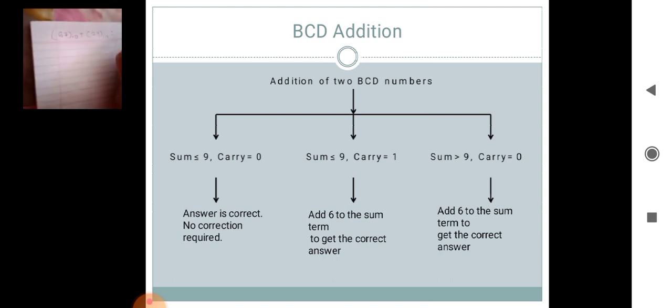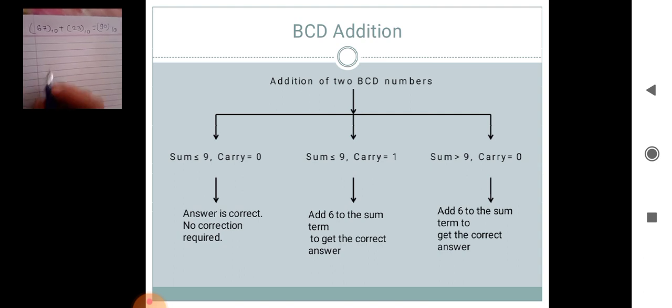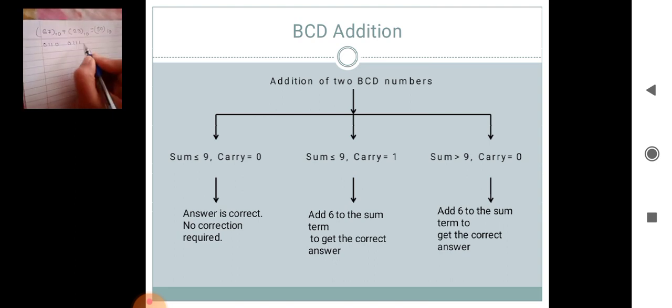So 67 plus 23, the result should be 90 in decimal. So we'll prove this result with BCD addition. So we have to represent 67 and 23 in BCD first. So 67 in BCD: 6 is 0110, I have represented it in 4-bit binary. Then 7 is 0111, plus 2 is 0010 and 3 is 0011.